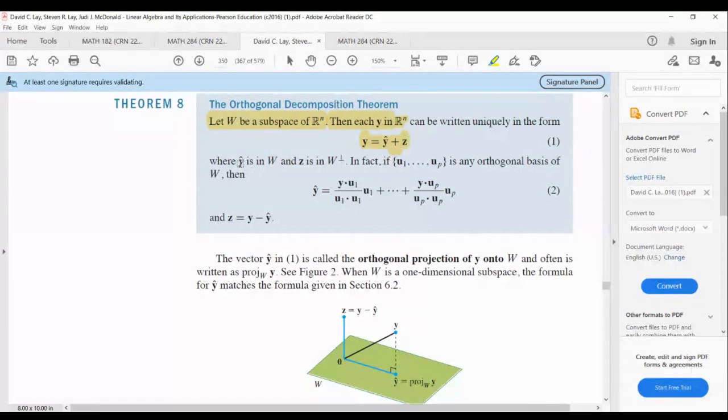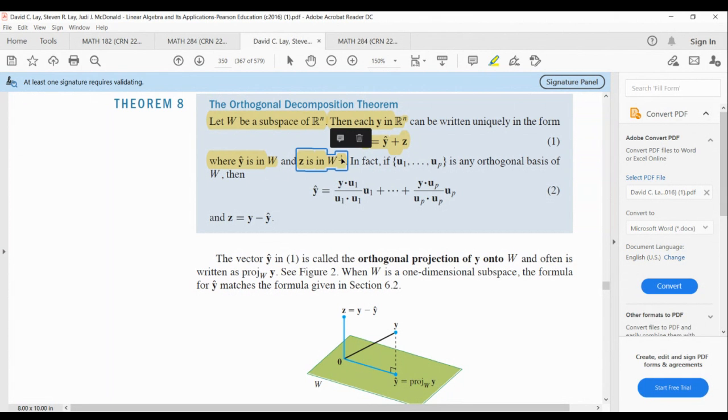Now y hat is going to be in subspace W, and vector z is going to be in W perp, which is perpendicular to subspace W. You were introduced to this W perp, or W perpendicular space, in section 6.1.